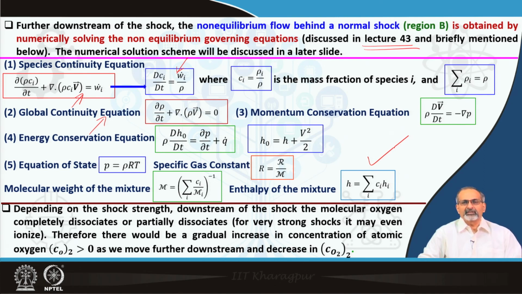Depending on the shock strength downstream of the shock, the molecular oxygen completely dissociates or partially dissociates. If we are talking about very strong shocks, there may also be ionization, and therefore there will be a gradual increase in the concentration of atomic oxygen. The mass fraction will gradually grow beyond 0.